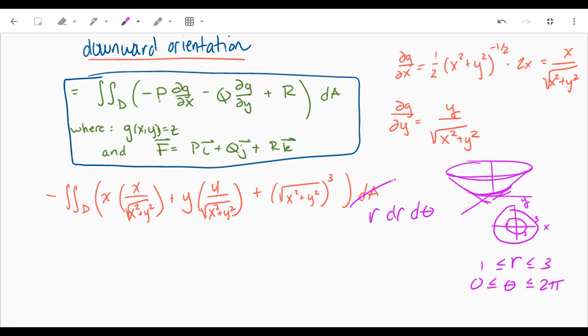We have to switch everything to be polar, where x equals r cosine theta, y equals r sine theta, z equals z, right? Your polar coordinates are actually cylindrical. x equals r cosine theta, y is r sine theta, z is still z.